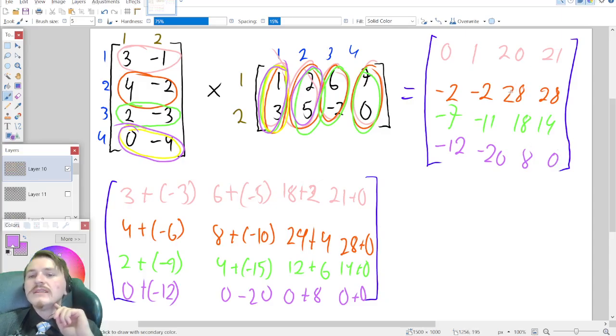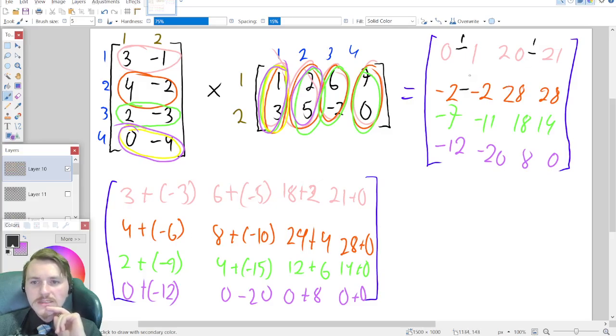Question we have is, do we see any patterns possibly going on here? Well, I see a couple of patterns. What's the difference between these two? 1. Same difference, 1.